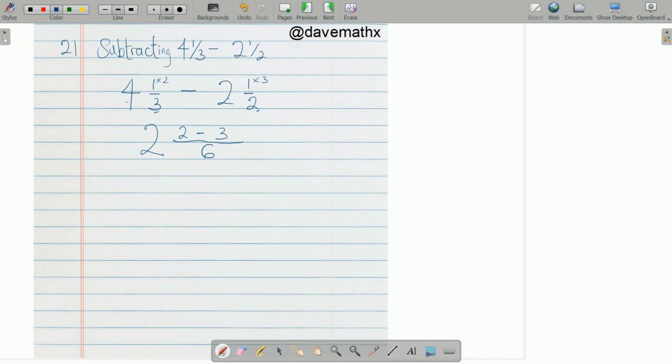Now we can't subtract 3 from 2, then we split 1 from the whole number 2 to assist.